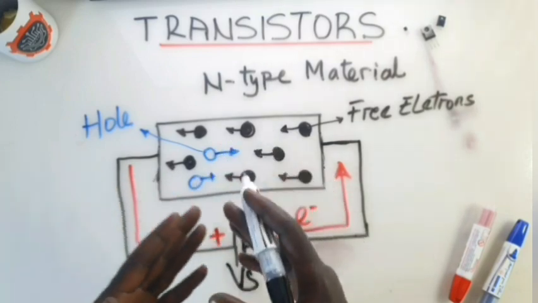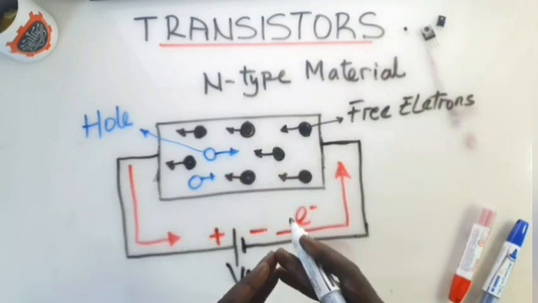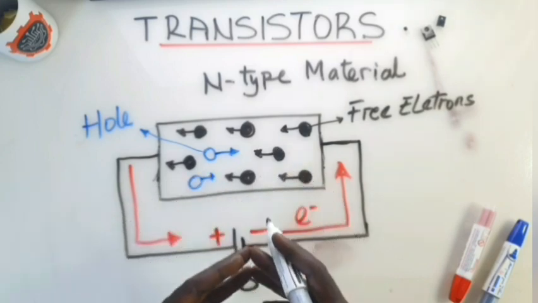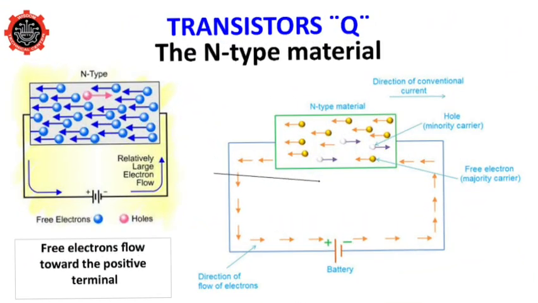That's the arsenic material. On the same figure, you will see these free electrons flow towards the positive terminal as the arrow shows.